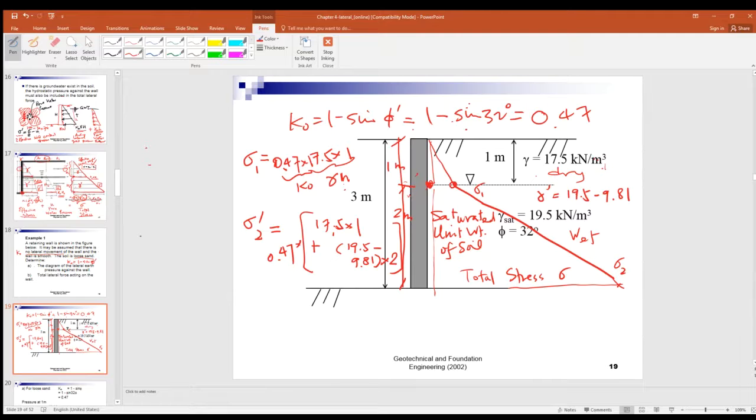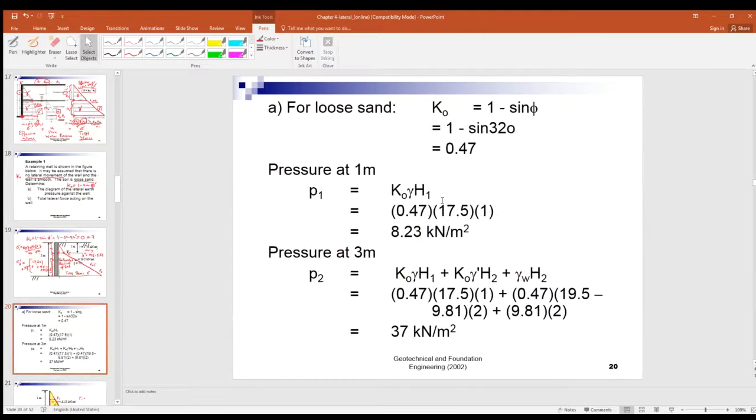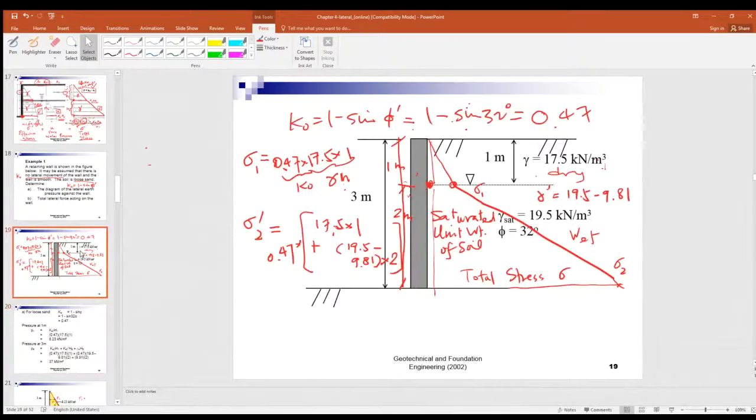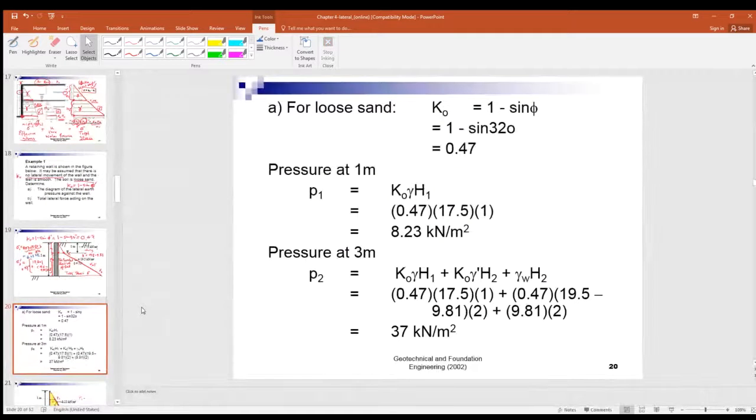So what's sigma 1? P1 is 8.23 kPa. And then sigma 2.